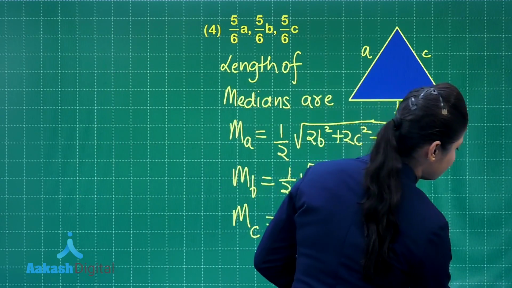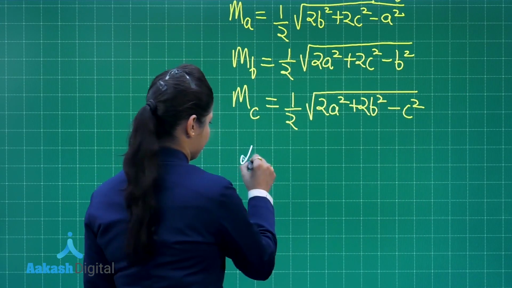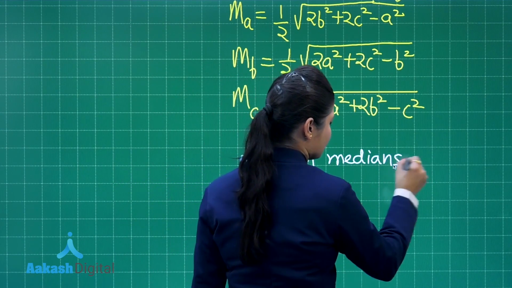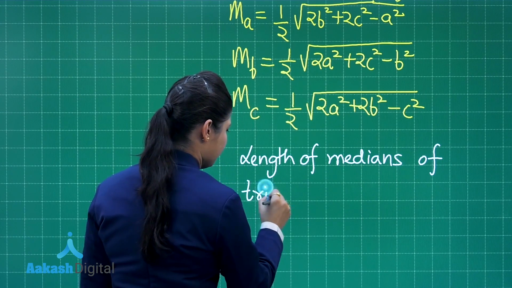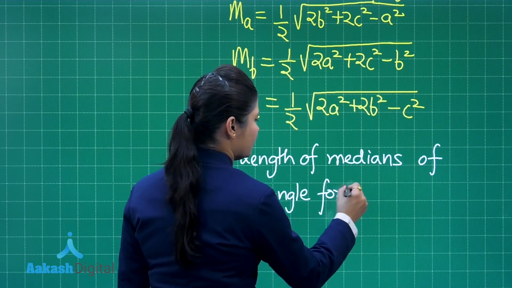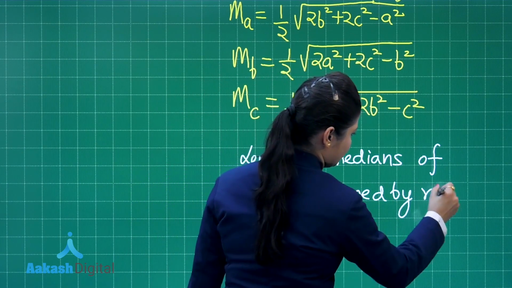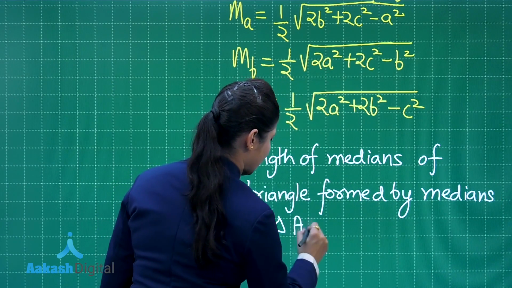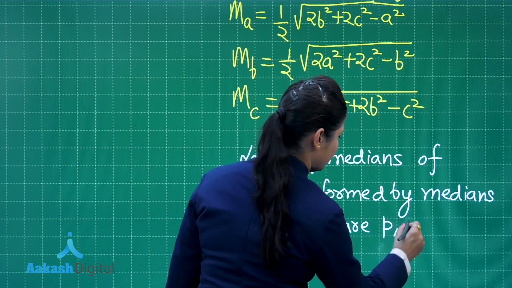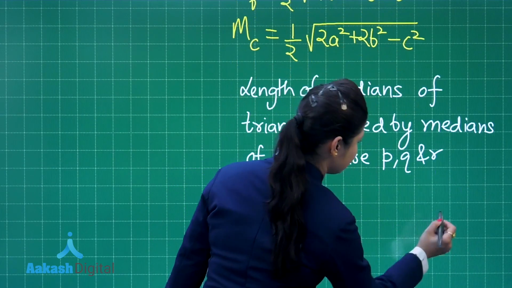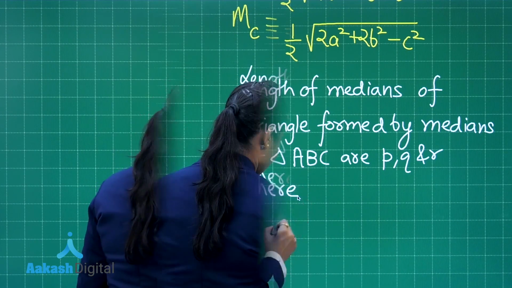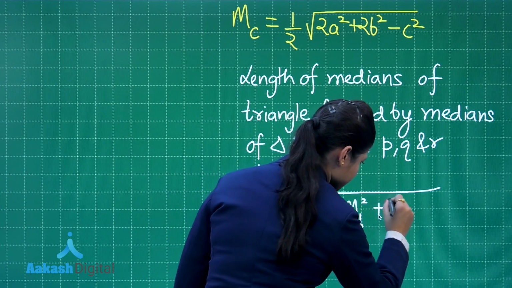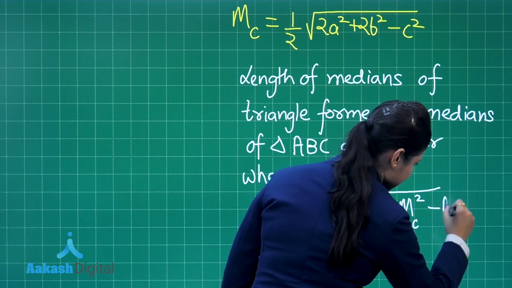So let's consider that the lengths of the medians of the triangle formed by the medians of triangle ABC are p, q and r, where in this case p will be equal to half of the square root of twice m_b square plus twice m_c square minus m_a square.